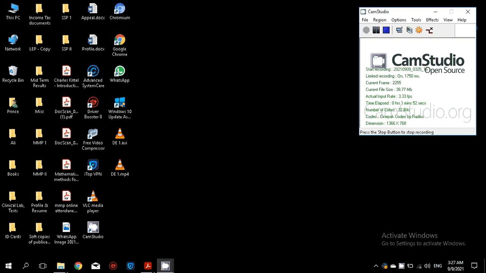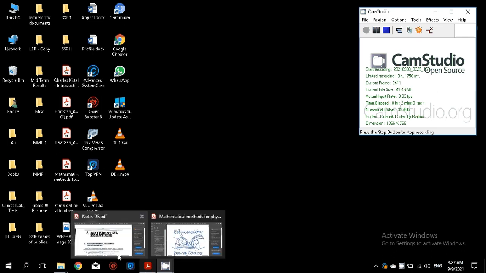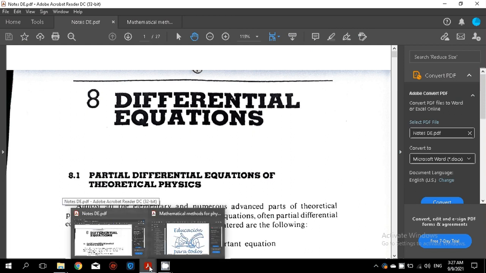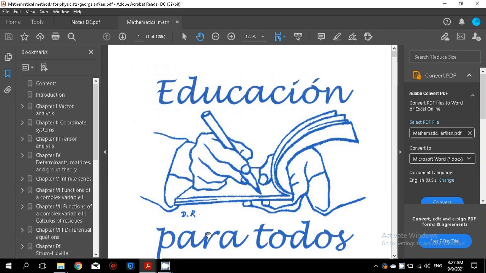we will start from chapter number 8 of this book. Let me show you the third edition of this book. Well, these are my notes, which are available from the photo shop, and this is the book which I will load online.